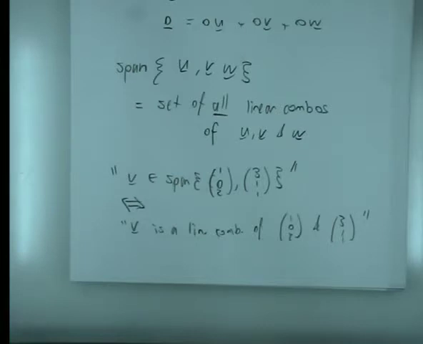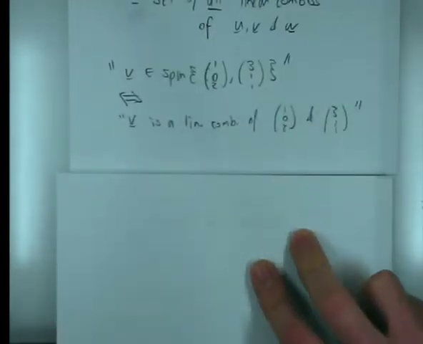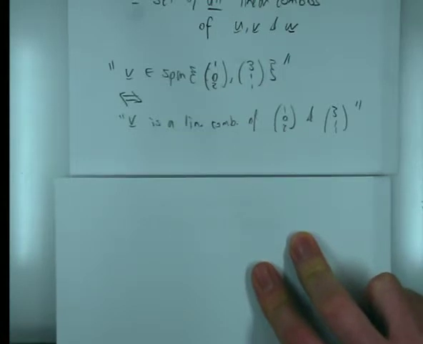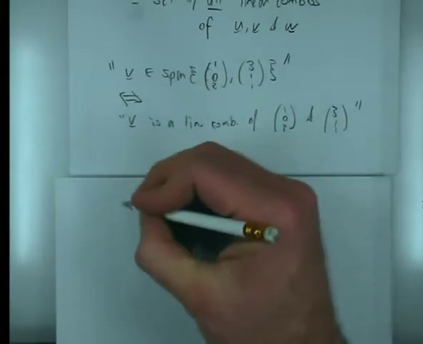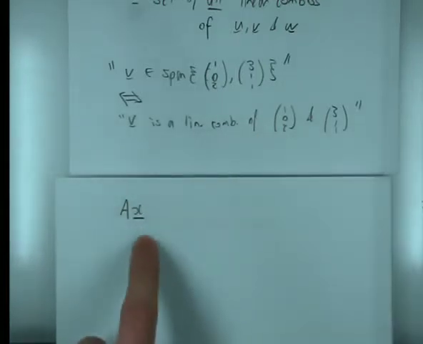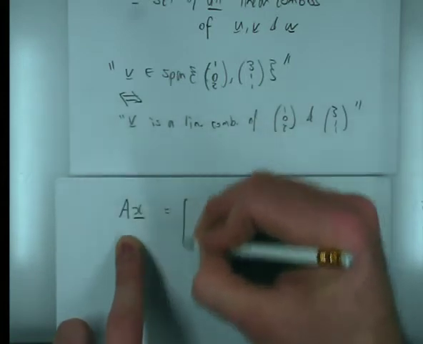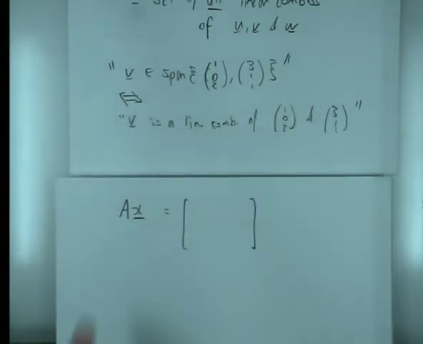And why is this connected to matrices? Well, here we go. What happens when you multiply a matrix by a vector in the right sort of way? Okay, I'm going to do this. AX. So my A could be 3 columns, right?